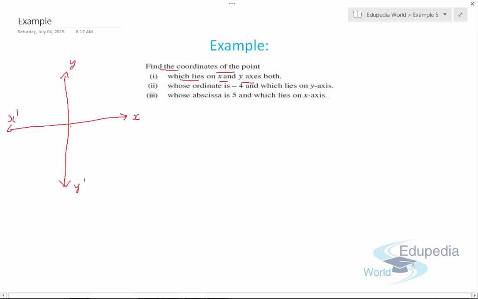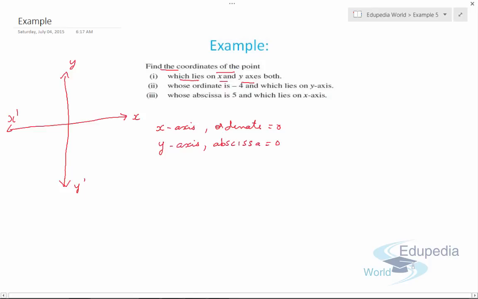Suppose we have a plane like this. If the point lies on the x axis, its ordinate part will be 0, and if the point lies on the y axis, its abscissa will be 0.